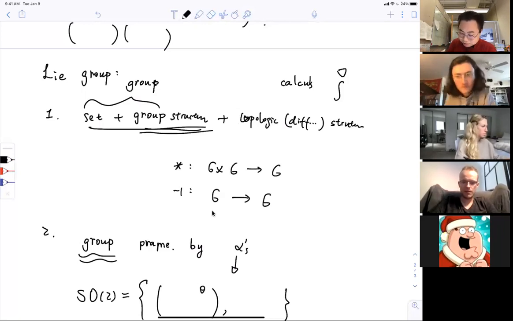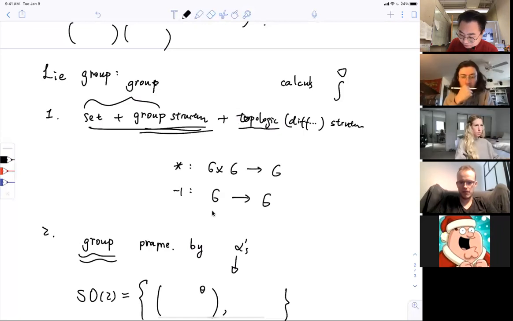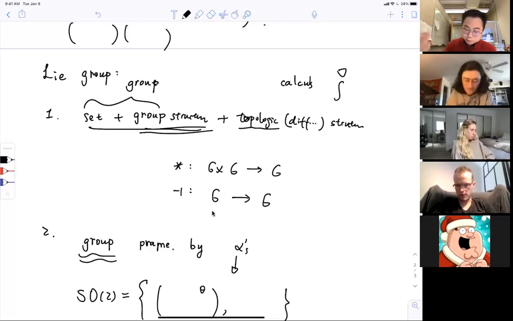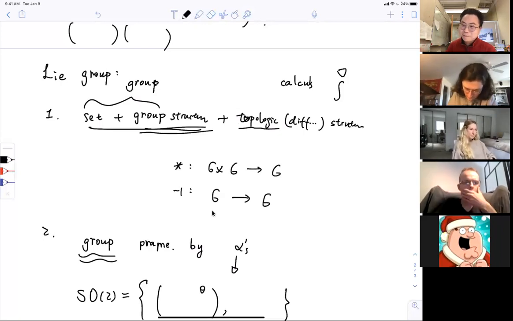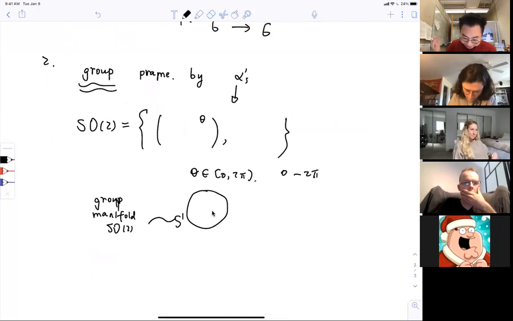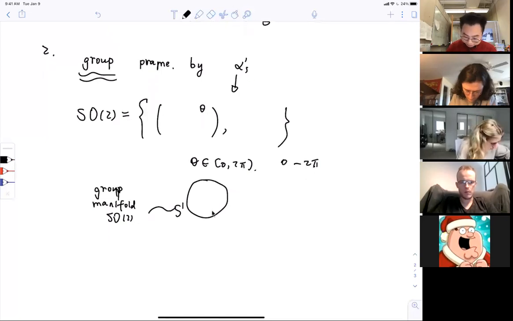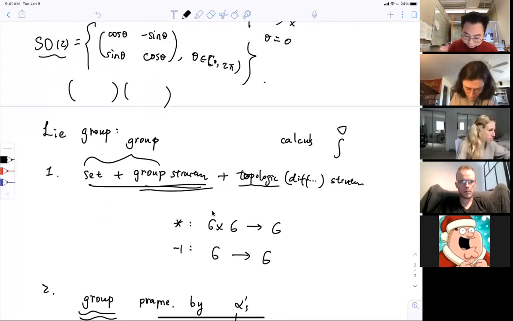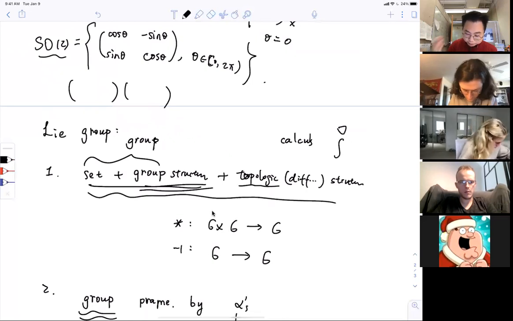But for us, I would say a Lie group is nothing but a continuous group. A fancy way to say it is that a Lie group is a group and it's also a manifold.